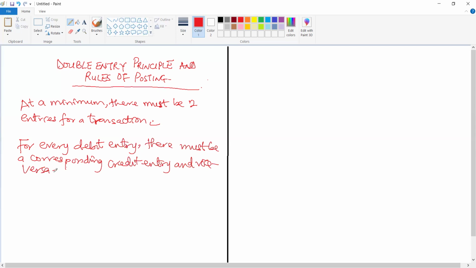What this vice versa is telling us is that for every credit entry too, there must be a corresponding debit entry.